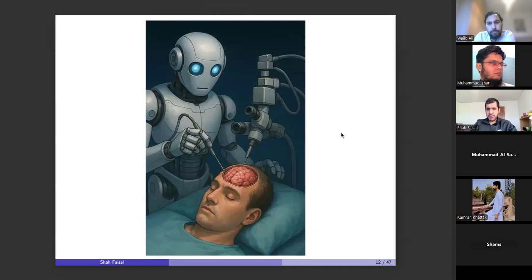So a proposal would be to do it with robots. In order to do that, the robot, of course, would scan the brain, exactly determine the boundary of the tumor, and then cut it. All this information, the robot would collect using some camera system. So it takes a picture, analyzes it, and then responds accordingly.